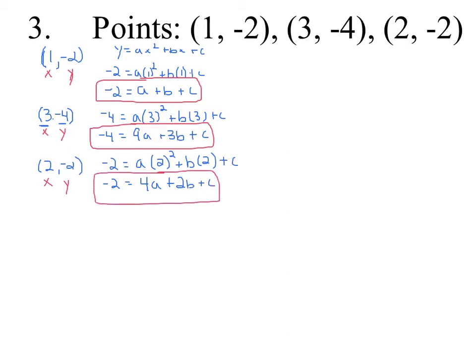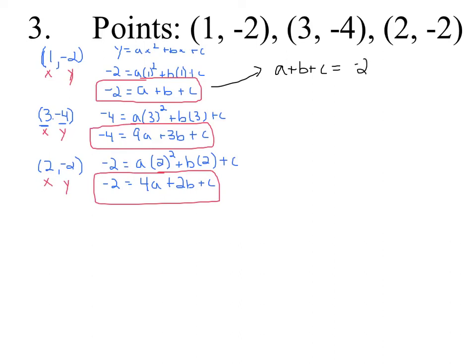Okay, now if I'm going to use matrices to solve this, I want you to keep in mind what the equations looked like when we did use matrices. When we used matrices, the equations were in the form ax plus by plus c, well, equals the number. So I'm going to just switch these around. My first equation is going to be a plus b plus c equals -2.